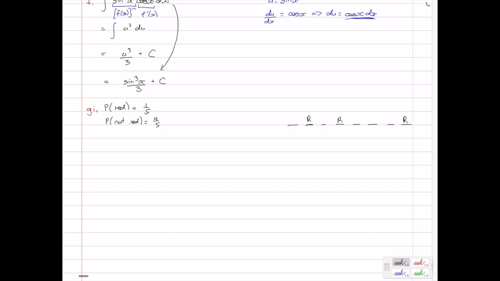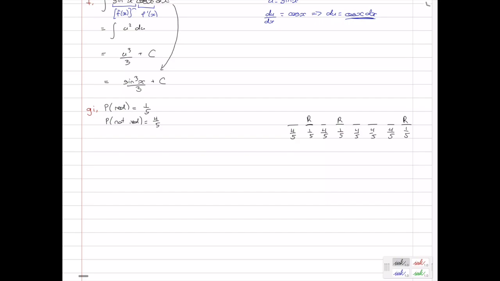So in the first one, which isn't red, I have a 4 out of 5 chance. This here has a 1 in 5 chance. This is a 4 in 5, a 1 in 5. And you can see what I'm doing here, 4 in 5, 4 in 5, and 1 in 5. Okay, and that is just for one case.